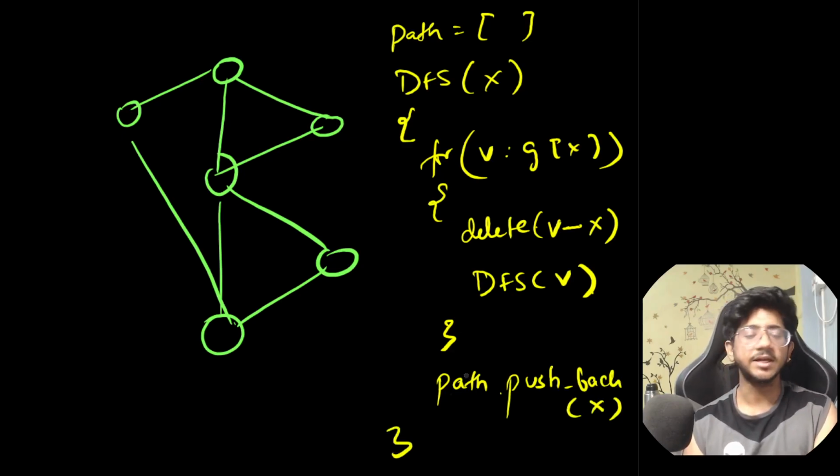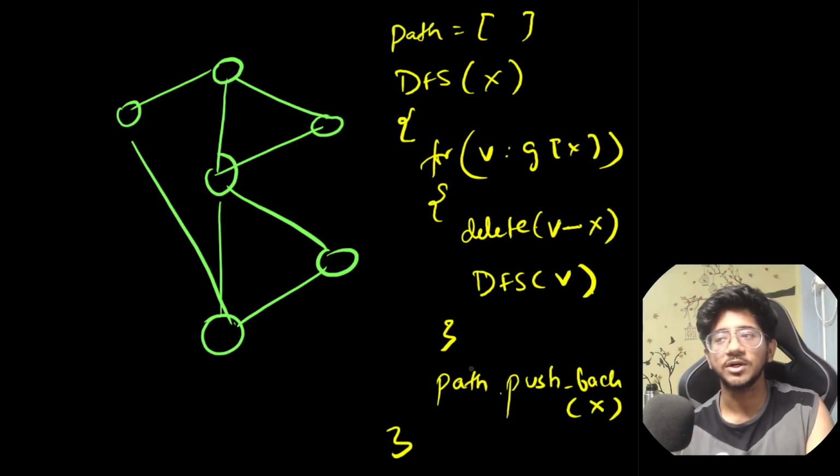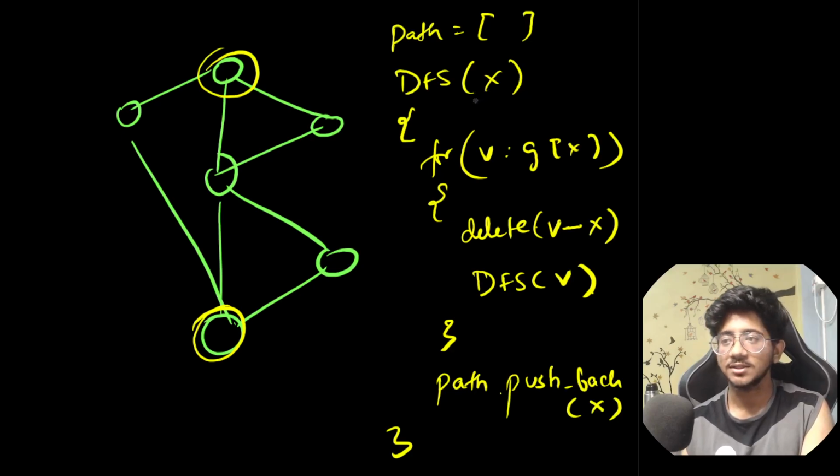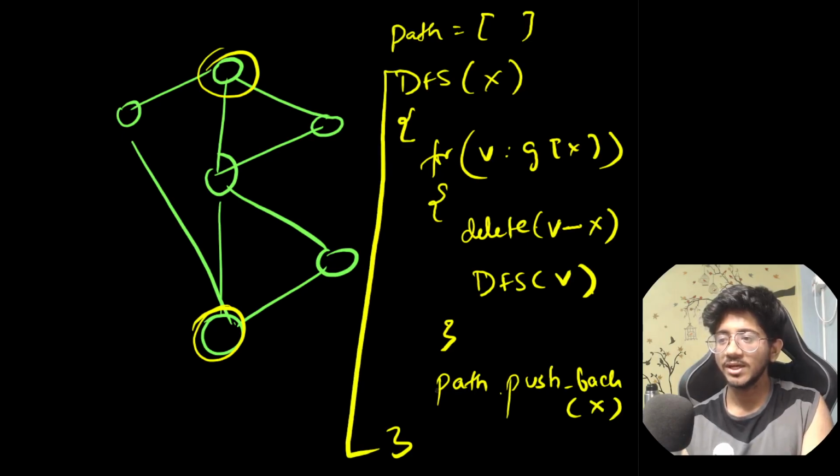Just running this whole thing on the graph gives you an Eulerian path, provided you start the DFS at the correct one of the two endpoints. So this is the whole idea: you start the DFS at one of the nodes, simply let this code flow, delete the edges, and the rest will be solved.